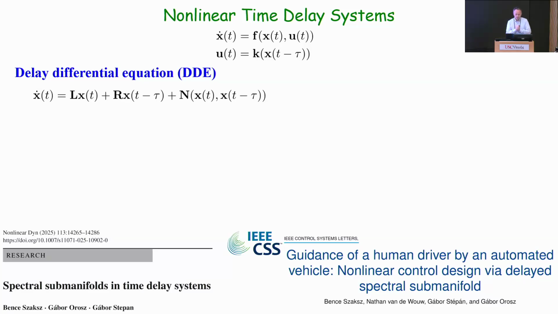That's because you first need to understand the linear part and calculate those eigenspaces in order to construct an SSM in this case. However, when you look at this problem, you still see some asymmetry here. On the left-hand side, you can see the derivative of the state, but on the right-hand side, you can see the state, and you can also see the delayed value of the state.